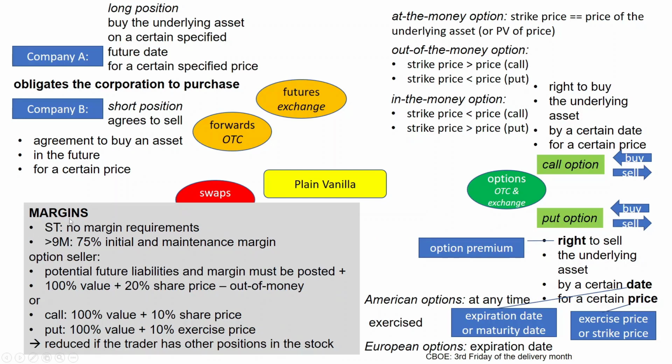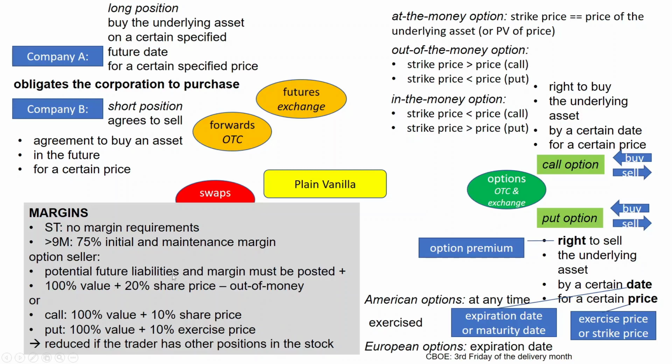Okay, so some short summary about the different margins here. So on short run there is no margin requirement, above 9 months there can be the 75%. Also, in the case of option seller, so who writes out the option? Who gets the money for collecting the option fee? So they have to put the following margin.